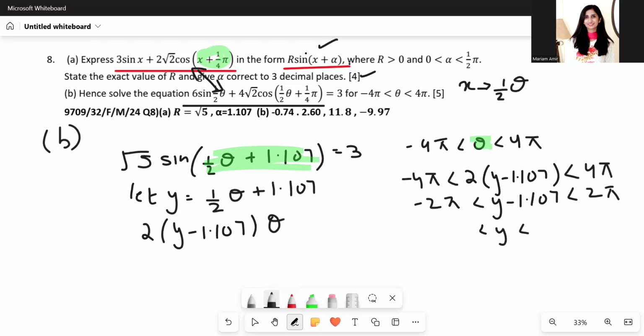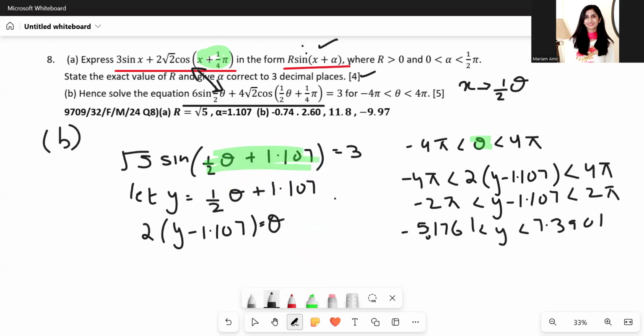So minus 2 pi plus 1.107 gives minus 5.1761, and 2 pi plus 1.107 gives 7.3901. Okay, this is equal to theta.